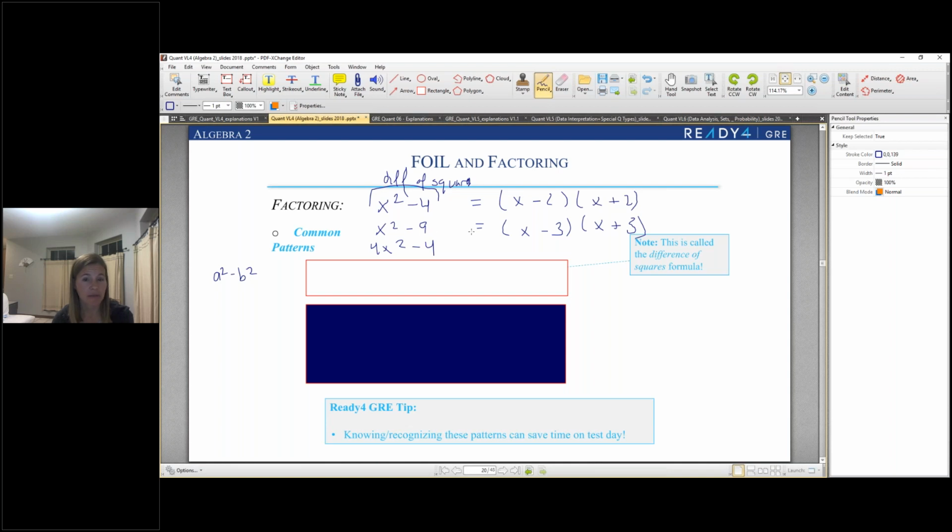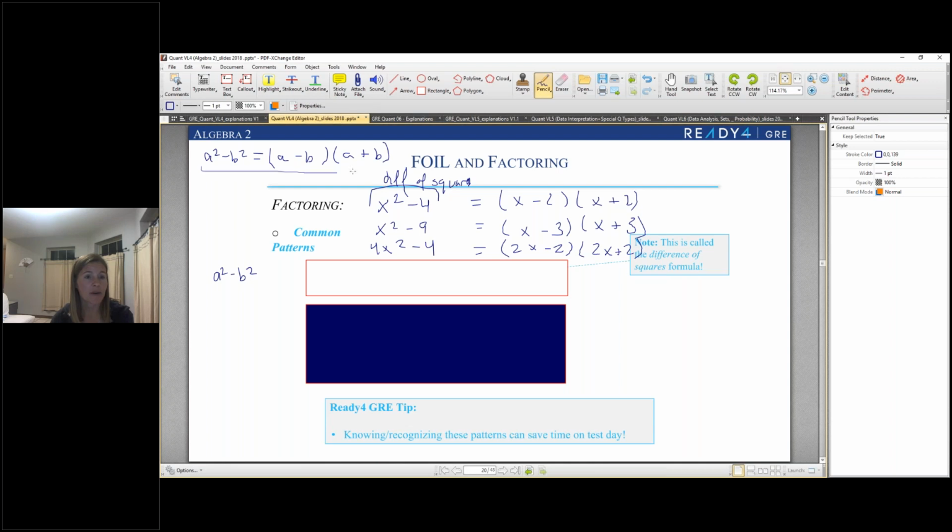Here the square root was 3, so we factor it as x minus 3, x plus 3. Here the square root is 4, but we've got this 4x squared, so this is going to be 2x minus 2 and 2x plus 2. The mathy way to write this is a squared minus b squared is equal to the root of a minus the root of b times the root of a plus the root of b. So it'd be like a minus b times a plus b.